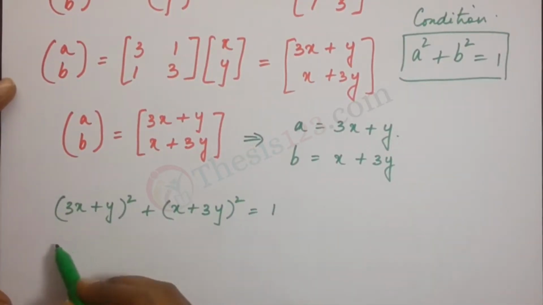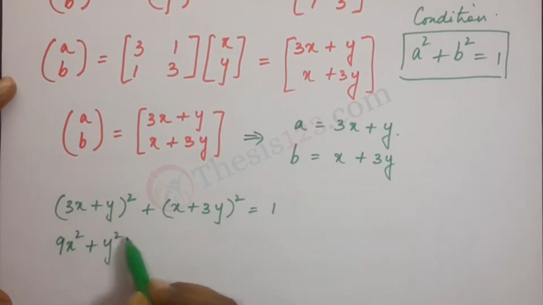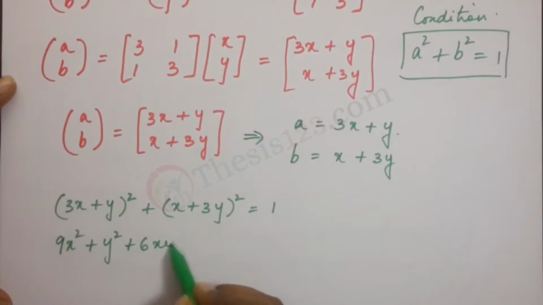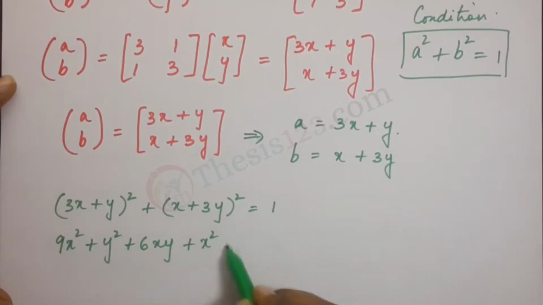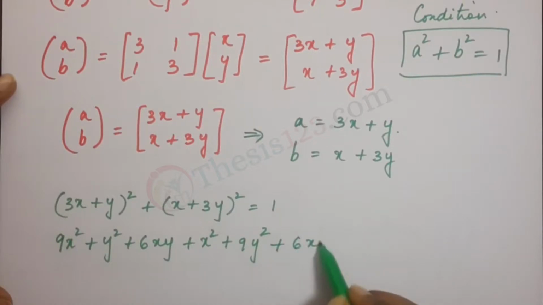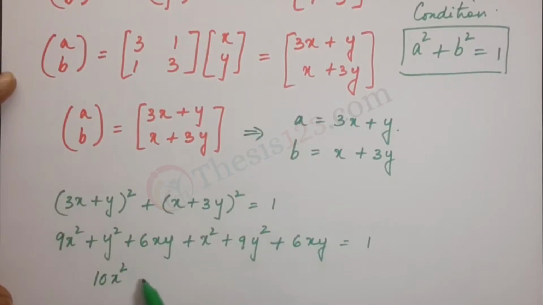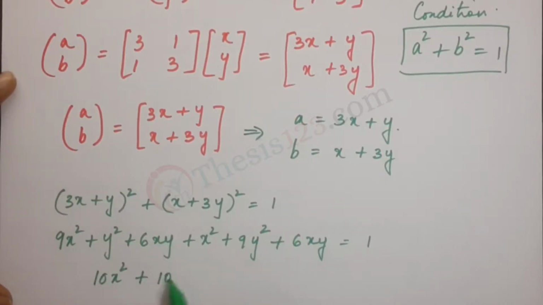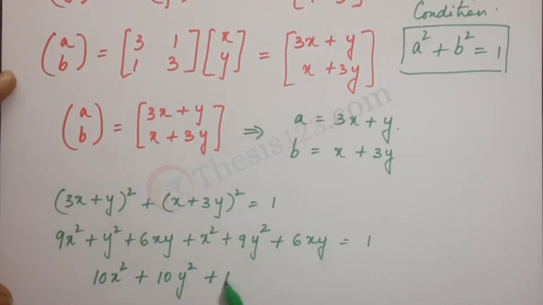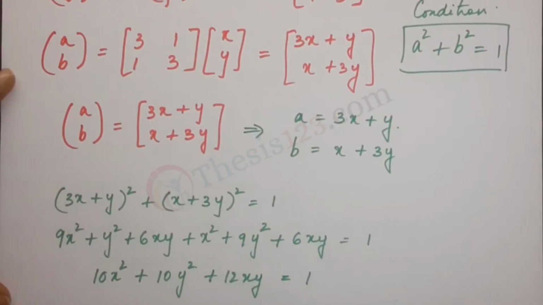Let's expand. We get 9x square plus y square plus 6xy plus x square plus 9y square plus 6xy is equal to 1. Simplifying it further, we get 10x square plus 10y square plus 12xy is equal to 1.